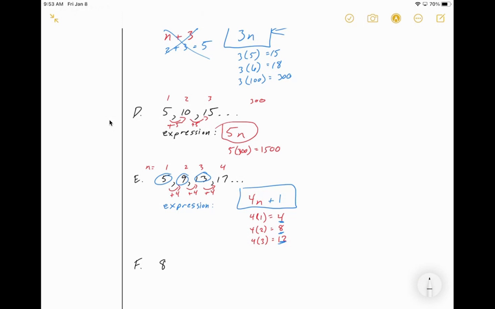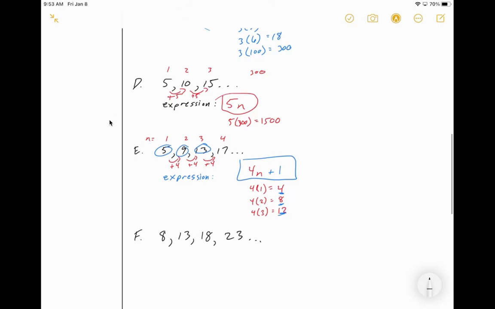If I did, for example, 8, 13, 18, and 23, can you give me the expression for that? Anyone give me a guess what the expression would be for this one?